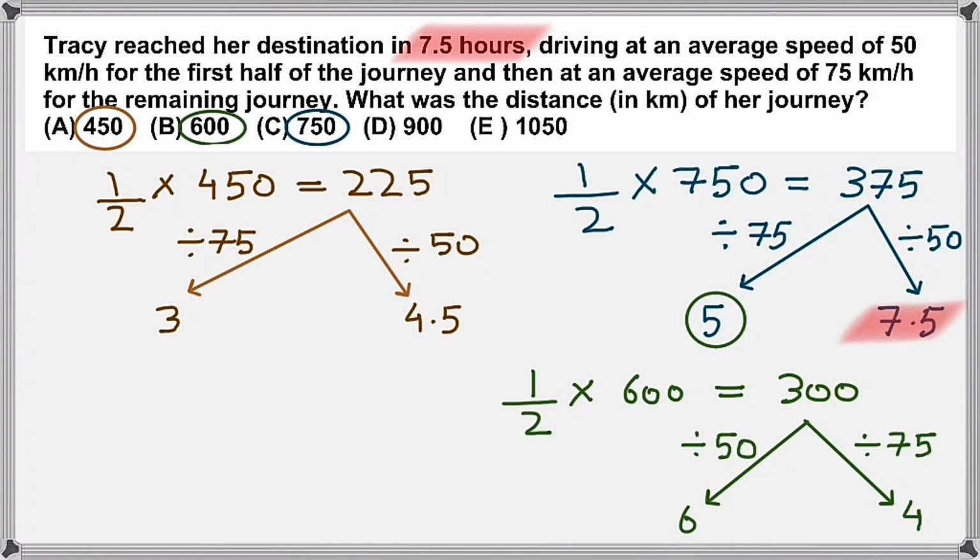On adding the two time values 3 and 4.5, we get 7.5, which is the total time taken to cover the journey as per the question. And we have our answer.